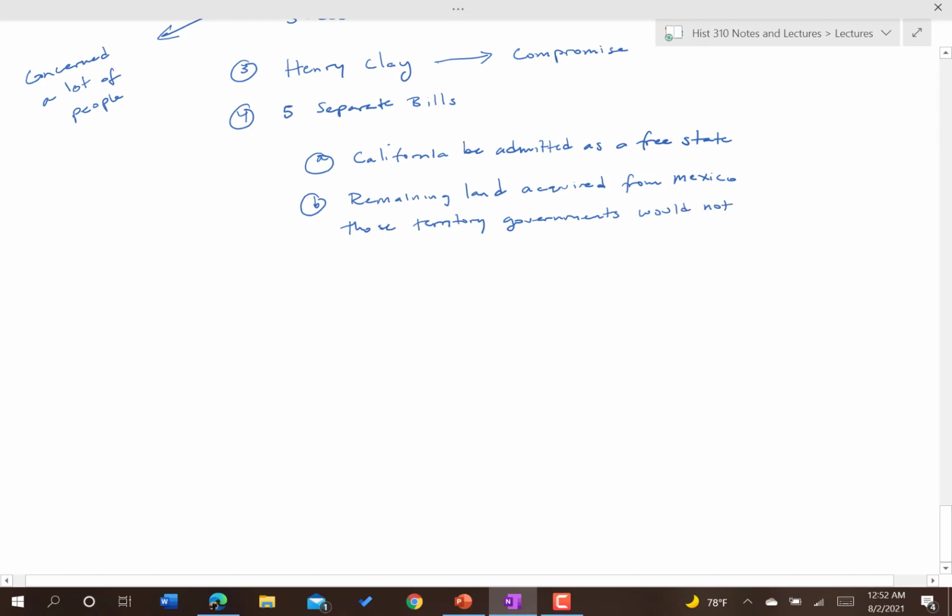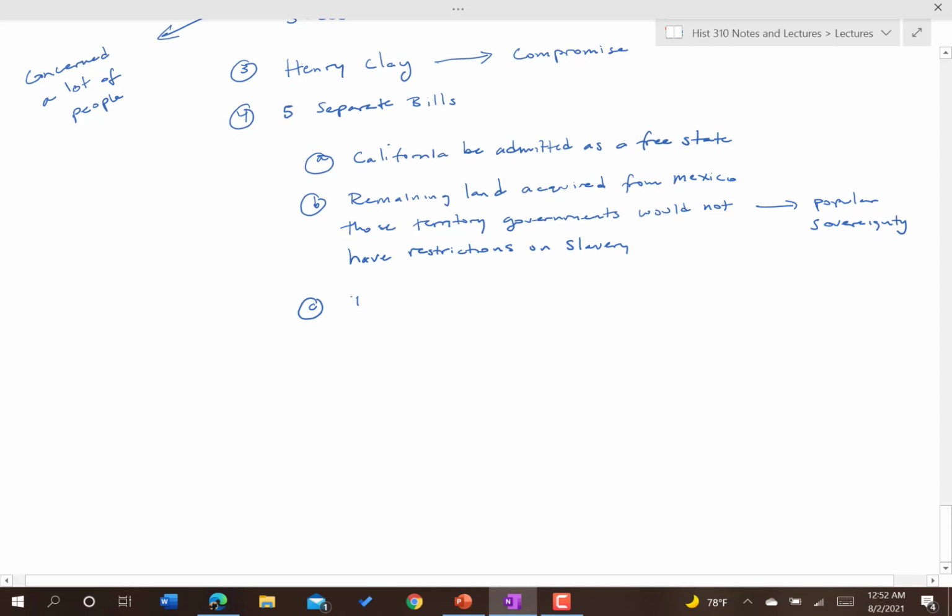So that's not saying they would be slave states, just that they would not have restrictions. So this is where the idea of, again, popular sovereignty comes in. That they would be able to choose, that they at least wouldn't say none of these states can be slave states, that kind of thing.